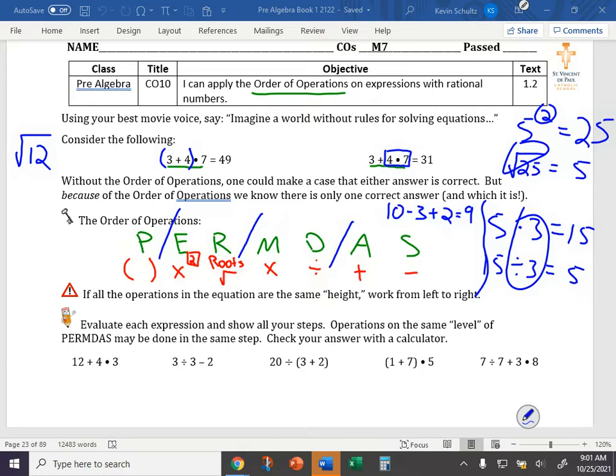You multiply or divide first, depending on which one you have. If you have them both, you'd work from left to right. Right. There are essentially 4 levels to the order of operations. Start with parentheses and just kind of work your way down the ladder, so to speak.